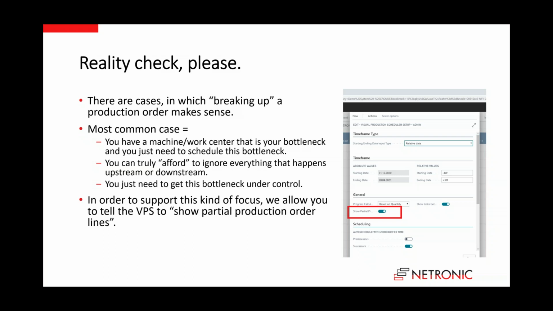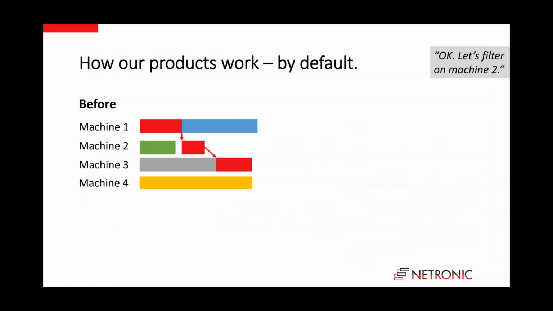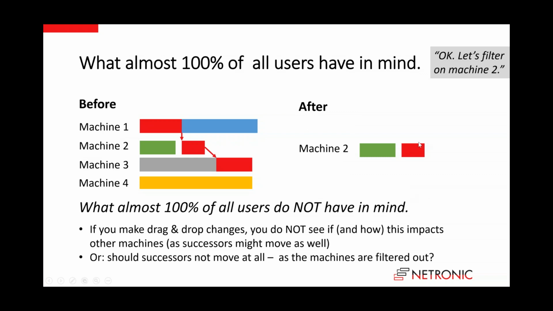And in order to support you to get this kind of focus, we allow you to tell the VAPS to, in Business Central language, show partial production order lines. So only show a part of a production order line, not operation 1, not operation 3, just operation 2.